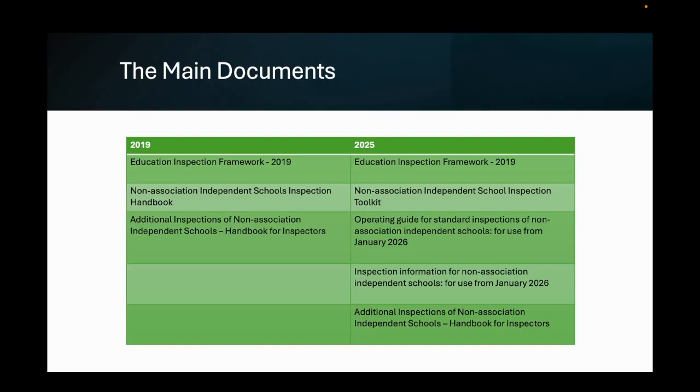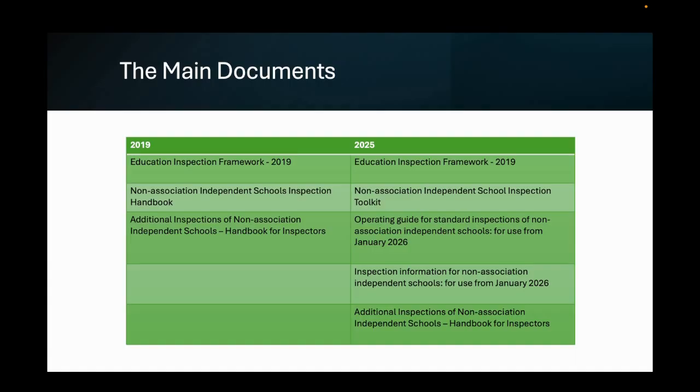We have the Non-Association Independent School Inspection Toolkit. There is the Operational Guide, which is really a document for Ofsted inspectors, and it speaks directly to them, but it is so useful, so please read it.